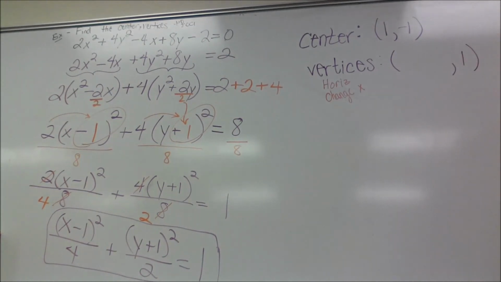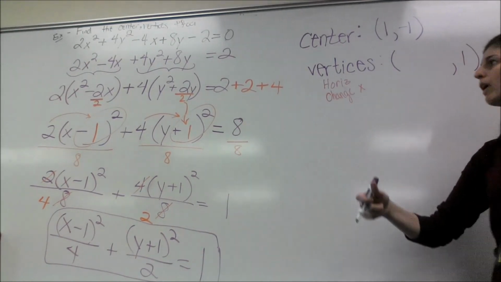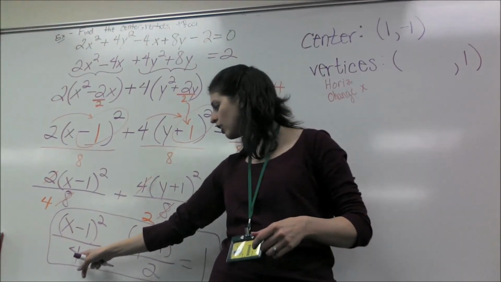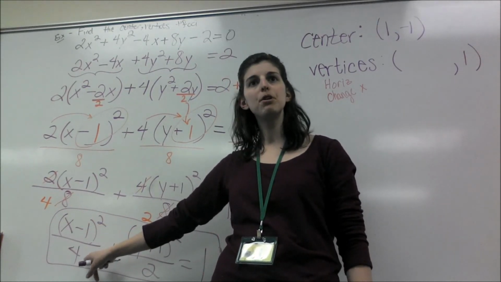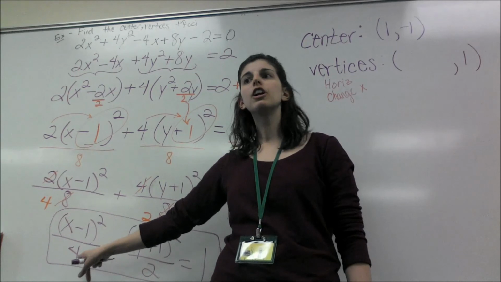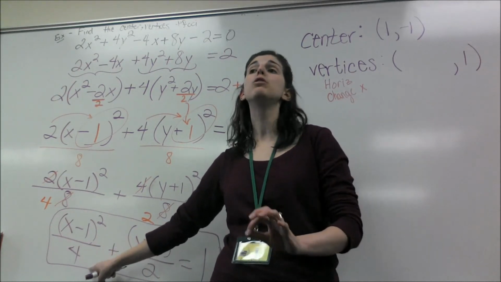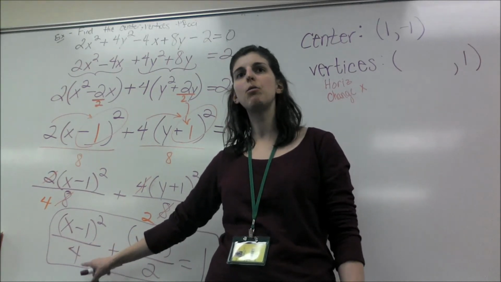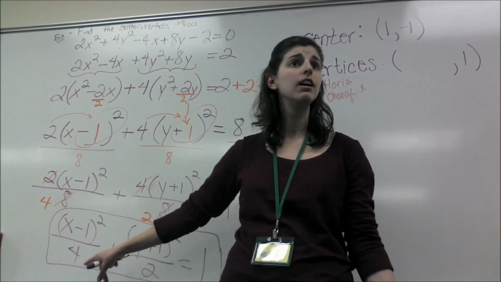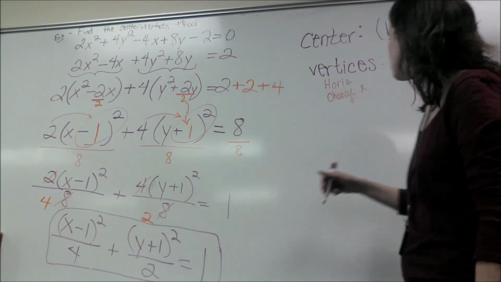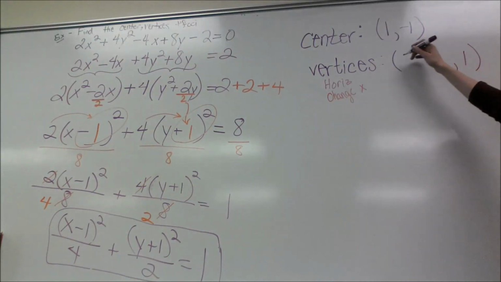To find the vertices, I need to go a units away from my center. See how the larger squared number is under x? So you're going to go that many units away from your center x value. The square root of 4 gives me 2, so my a value is 2.